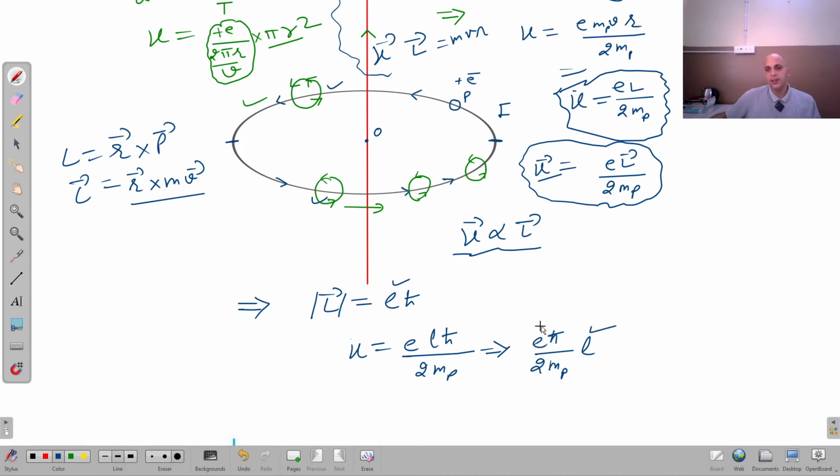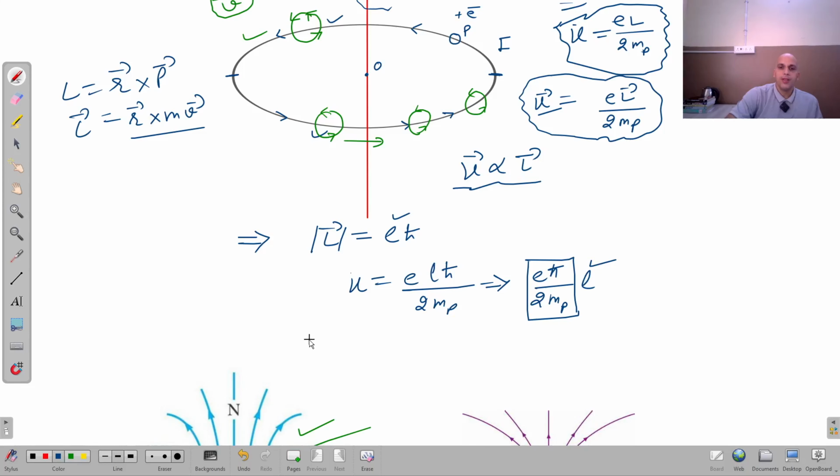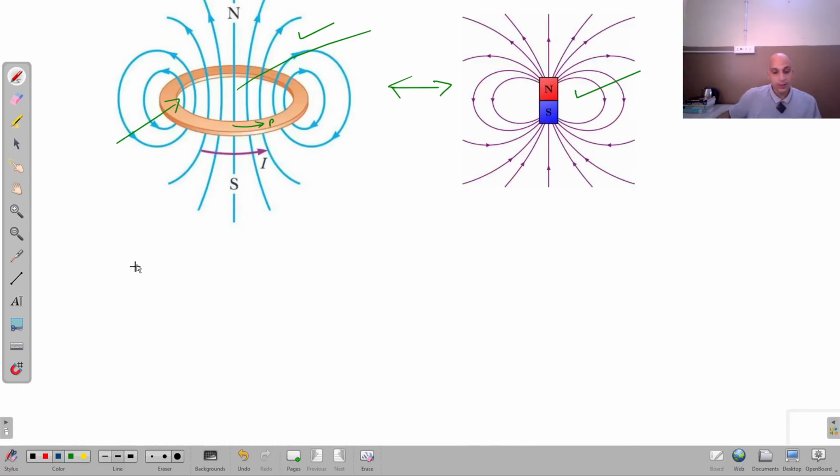This is a different thing. This term is a constant, right? E h cut upon 2mp. So mu is equal to E h cut upon 2mp into orbital quantum number l, right? Now as I am saying, this term is a constant.